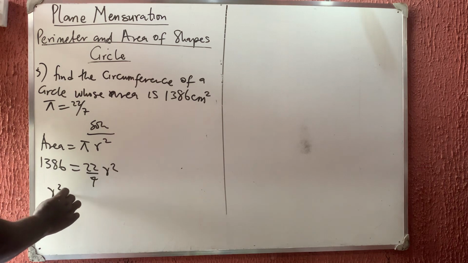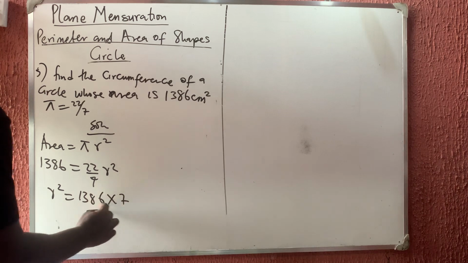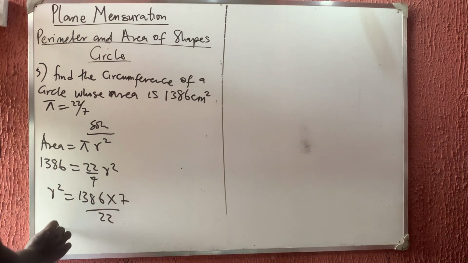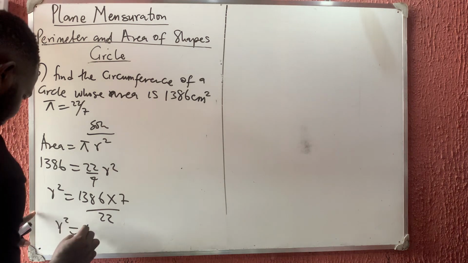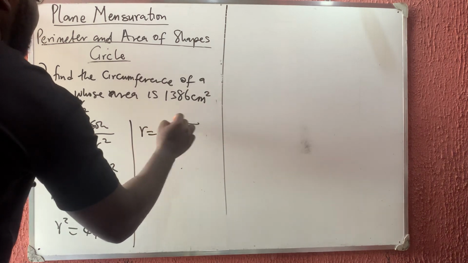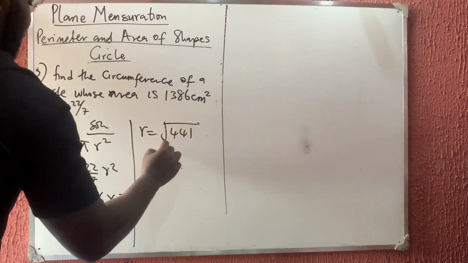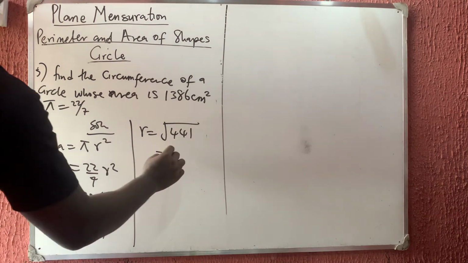So my r squared will now be 1386 times 7 divided by 22. So I'm having 441. Therefore my r will now be the square root of 441.